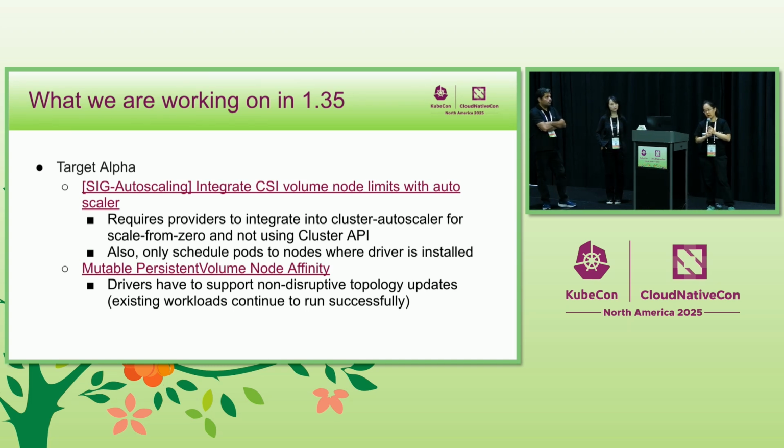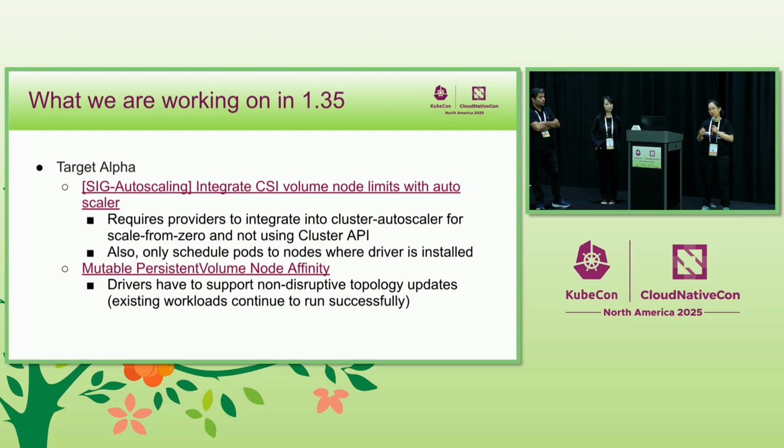We are going to have initial implementation in the cluster autoscaler for providers that use the cluster API. But if you are supporting a CSI driver on a provider that doesn't use Cluster API, then you're going to have to integrate into the Cluster Autoscaler repo with your own implementation for that provider.